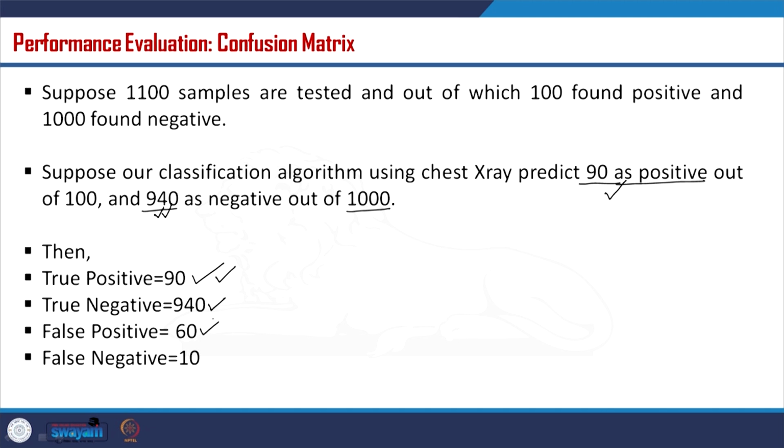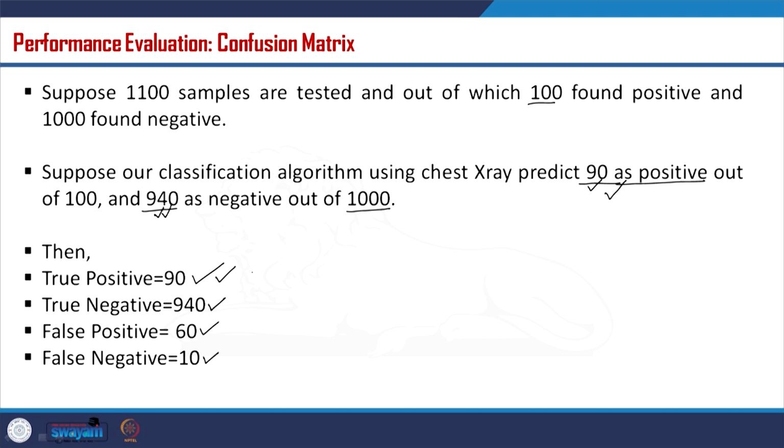Then we have false negative, again the samples that are actually positive, but have been classified into the negative class. They are 10, because out of 100 positive, 90 are classified in the positive class, so 10 go to the negative one.